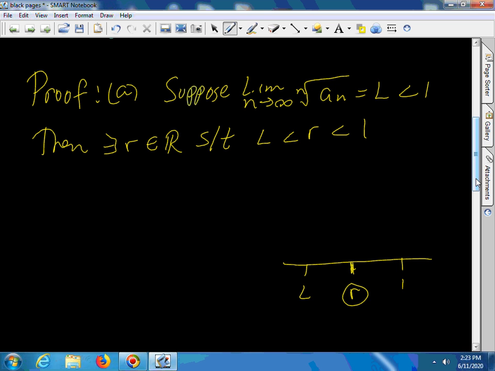Now, remember they're convergent on L, so if we make the subscripts large enough, these here are the a sub n's.